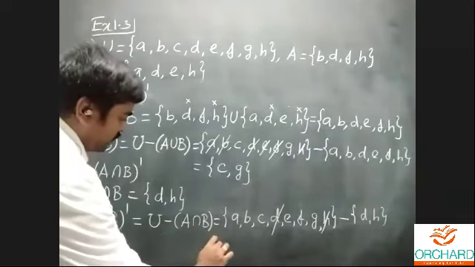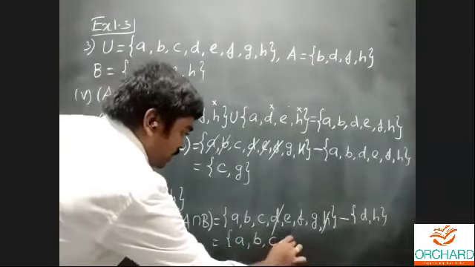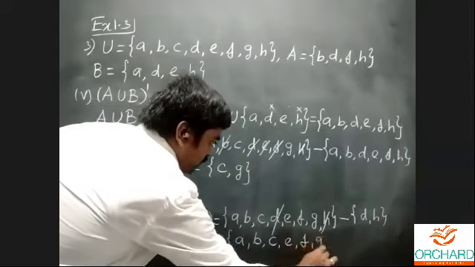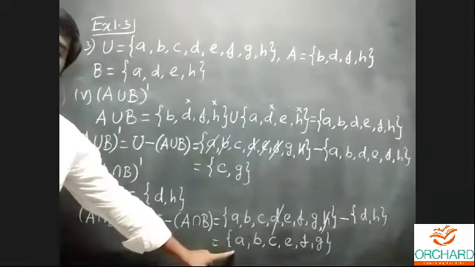That is A, B, C, E, F, G. This is your (A intersection B)'.